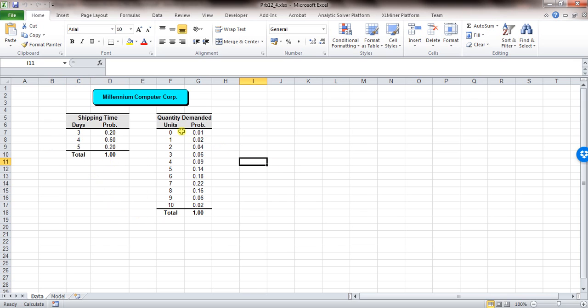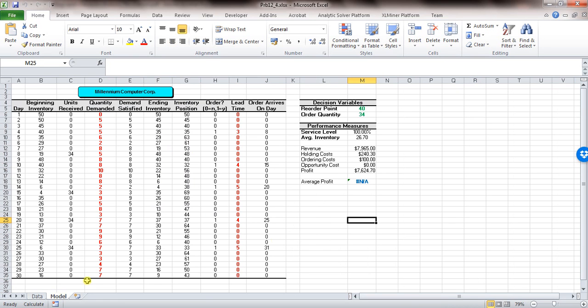And this is the distribution of demand: the probability that there will be zero demand, 2% that there will be one, and likewise. This is the quantity of demand that can happen, and the probability of that demand happening.